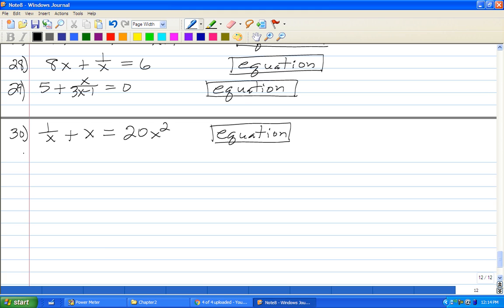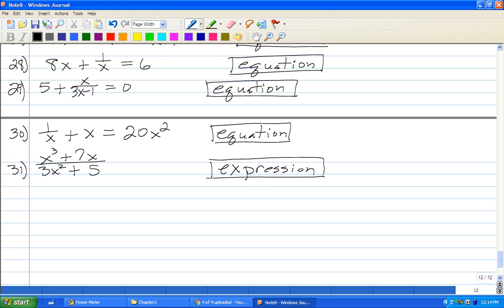31: x cubed plus 7x over 3x squared plus 5. Well, this is an expression. There's no equal sign. We simplify. We evaluate expressions.